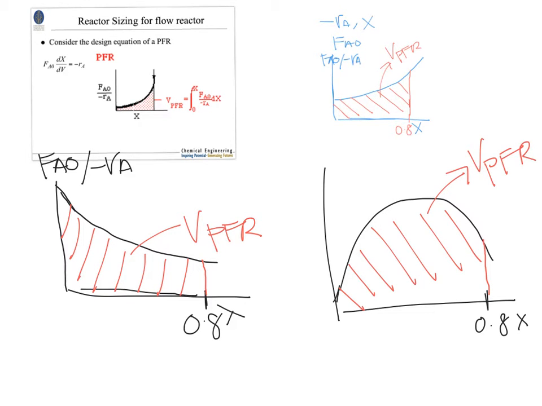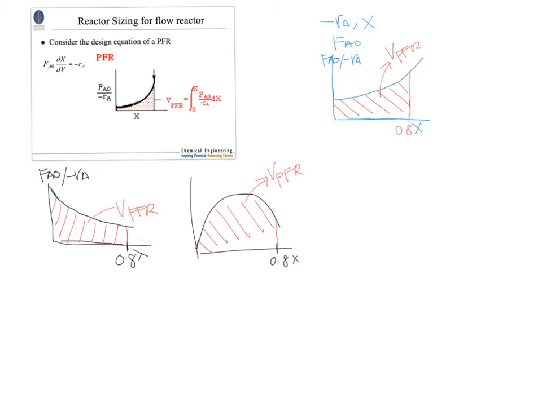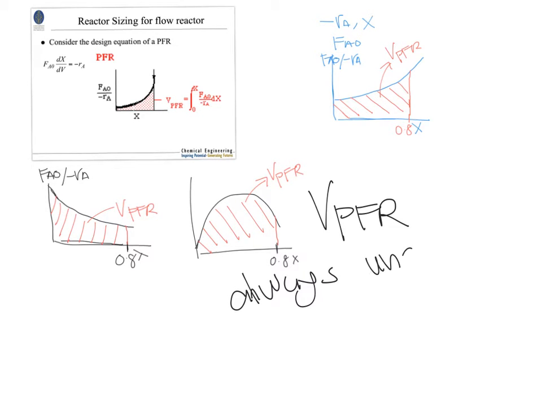So in conclusion, the volume for PFR will always be under the curve. Always the area under the curve.